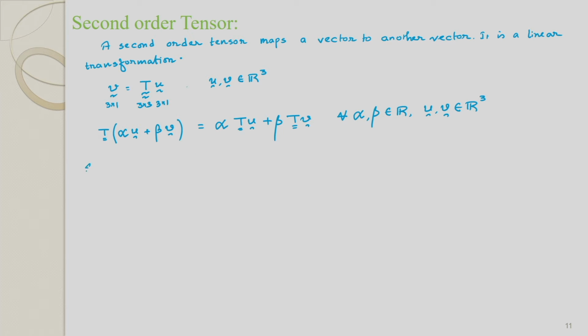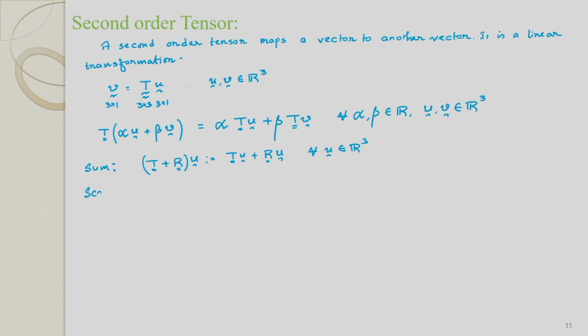By the sum of two second order tensors we mean, if it operates on a vector, then that is nothing but the sum of these two vectors, for all U belonging to the vector space.